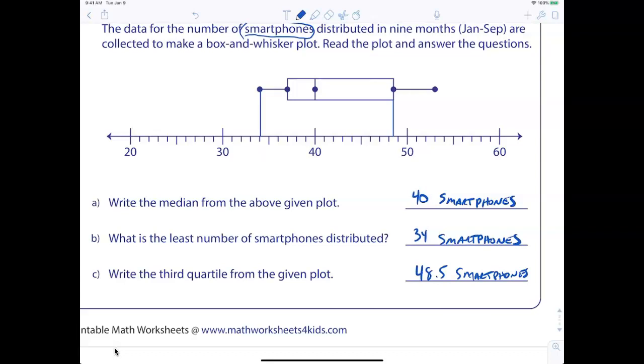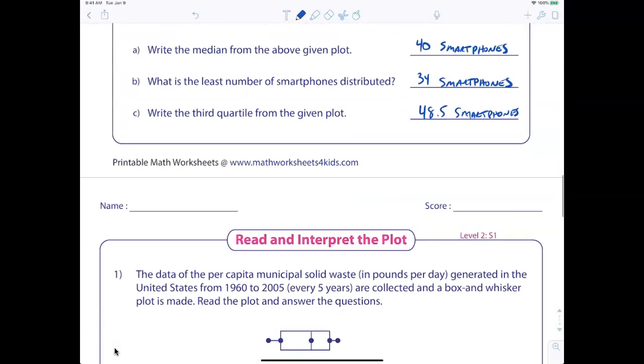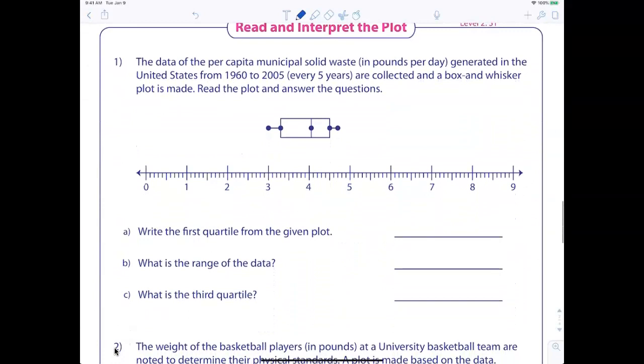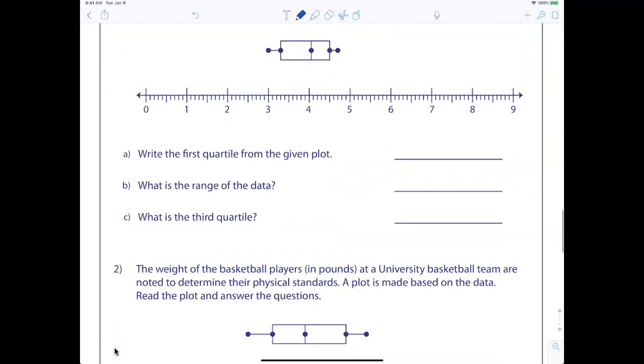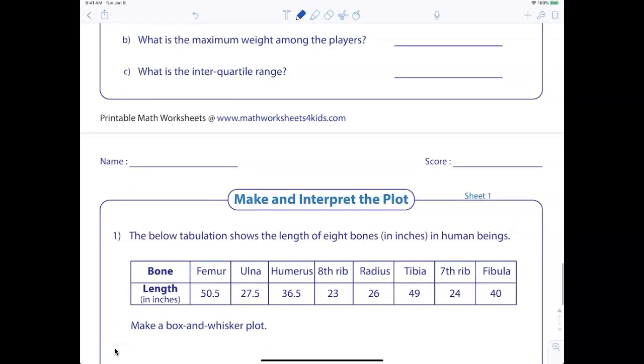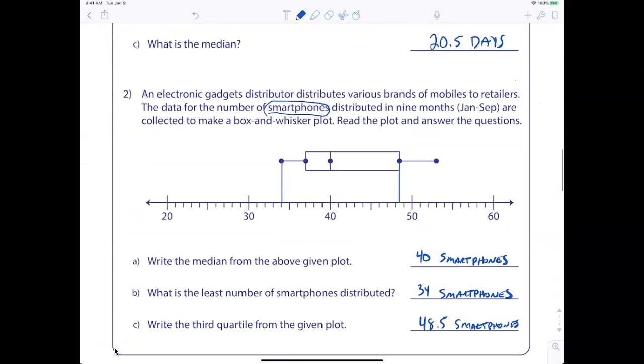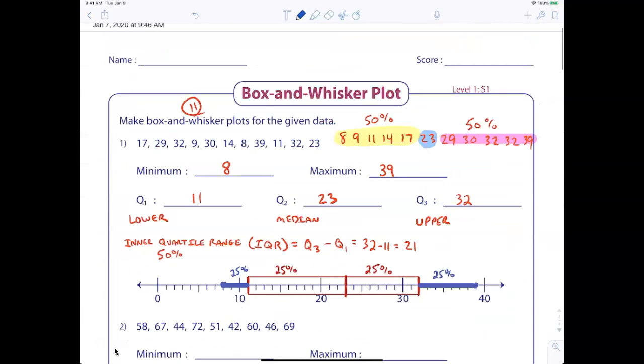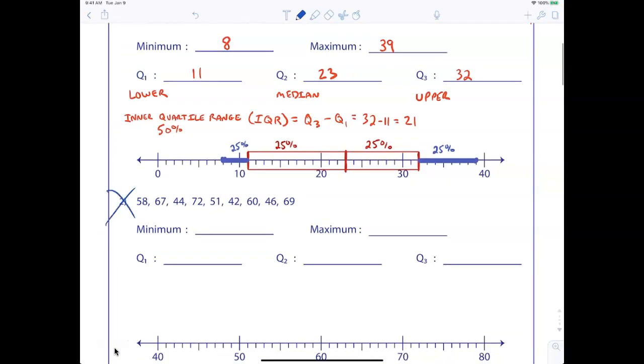Now what I want you to do is flip the page. Your job right now is to answer questions 1 and 2. Listen to me. Look up. I don't care about going back and doing number 2. You don't have to do that for me. If you did it already, that's perfectly good.